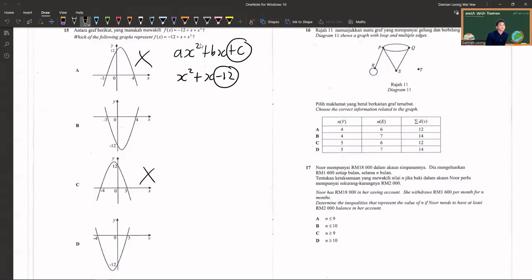So we then factorize to look at x and y intercept. So (x plus 4)(x minus 3). So x minus 3 is 0, x is 3, x plus 4 is 0, x is negative 4. So the x-intercept, persilangan dengan paksi x ialah 3 dengan negative 4. So it should be D.